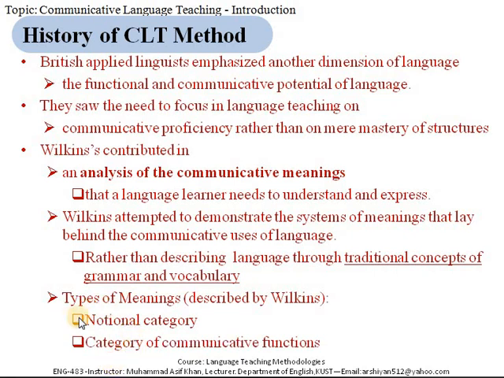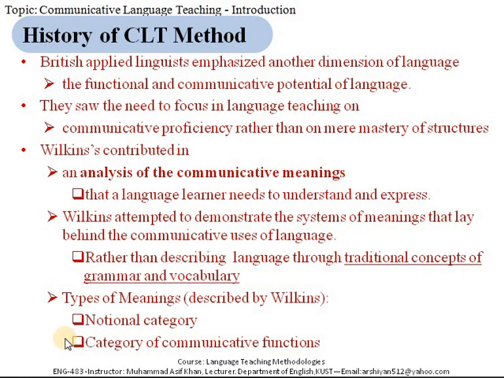Dear students, the notional category basically defines concepts such as time sequence, quantity, location, and frequency described by the language. That aspect of meaning is called the notional category of meanings. On the other side, the category of communicative functions addresses that aspect of meaning where we are learning or teaching requests, denials, offers, complaints, and other such meanings in our language.